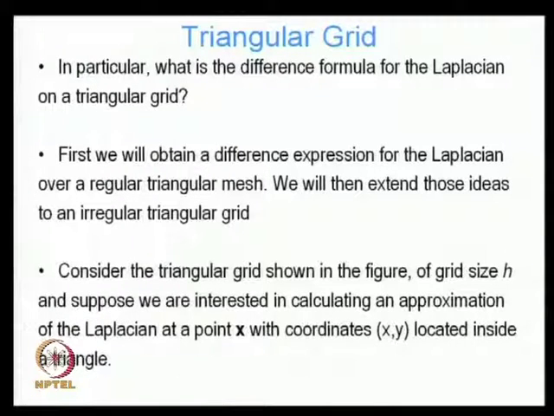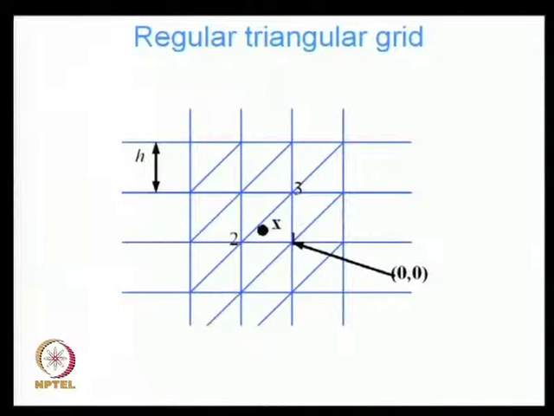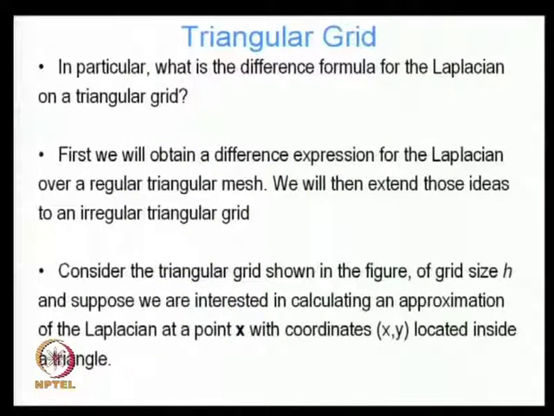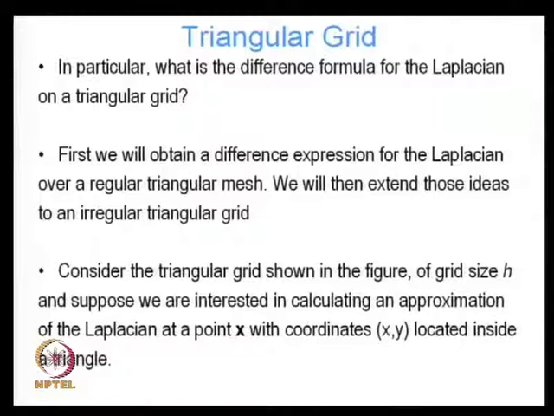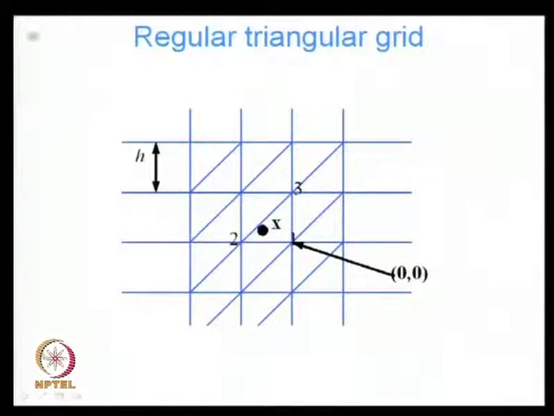So, let us consider the triangular grid shown in this picture, where I have a grid of triangles, and suppose I want to evaluate my function value at x. I am actually interested in evaluating the Laplacian at x. x is located inside a particular triangle, and the grid points I am denoting as 1, 2 and 3.